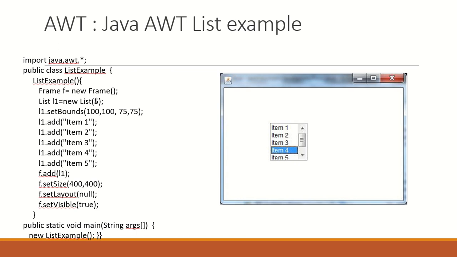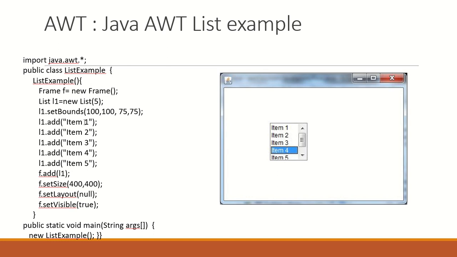So now what is to be done? You will have to add elements into the list. You have the add method here, which is used to add something. So you are going to add the label item1 into the L1 list object. Label just means that it is text, nothing else, not the AWT Label which we have seen before.